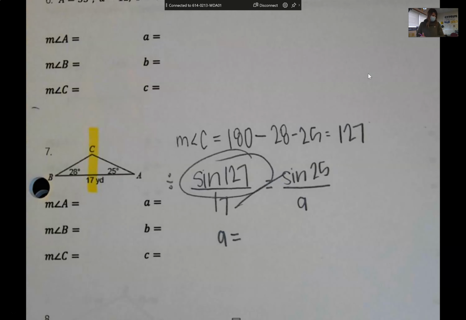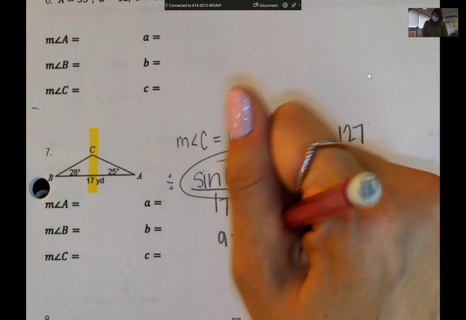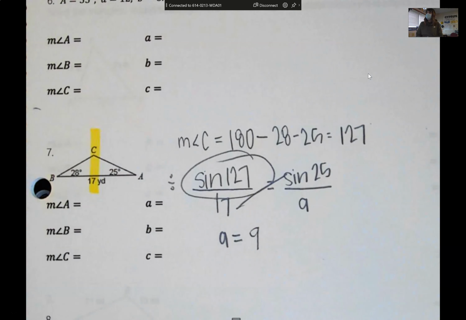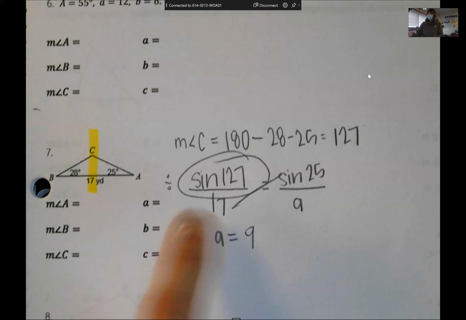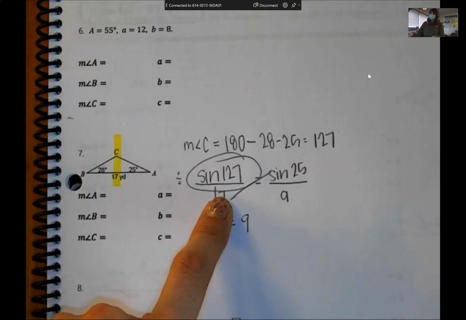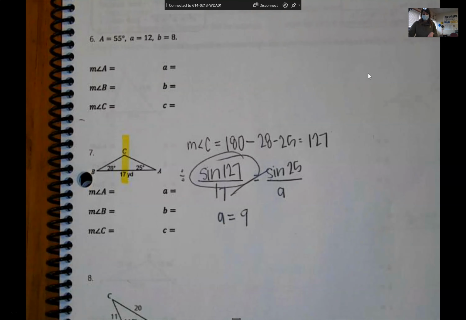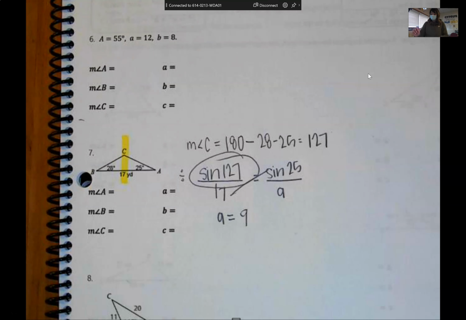Okay, I got 9. So A is 9. Okay, you guys use this same ratio to find the side length of B.